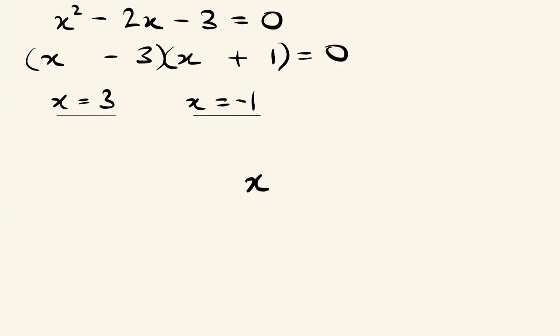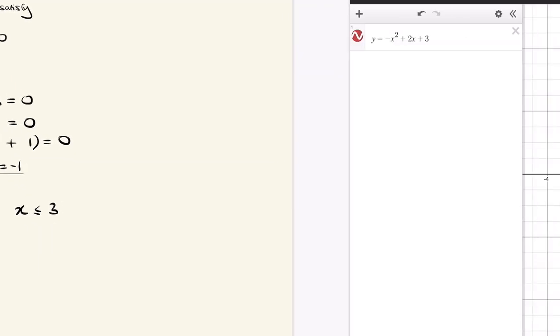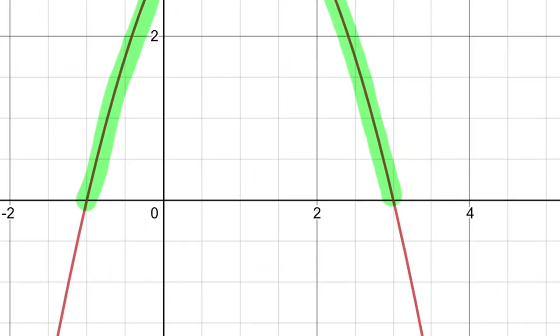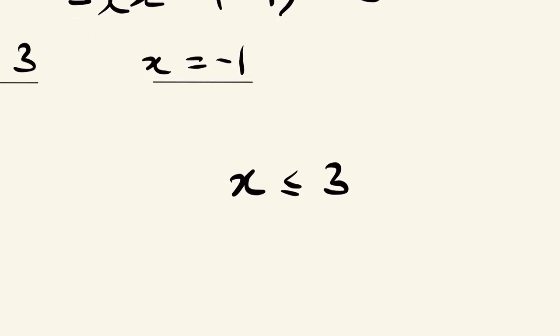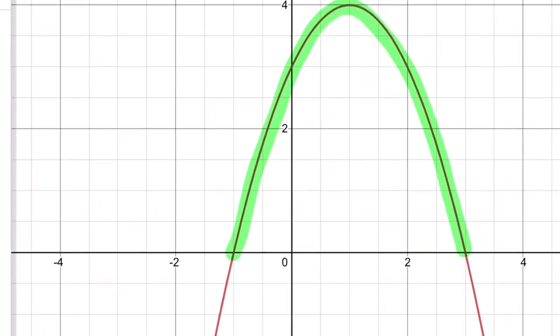We'd put our x in the middle and we'd say where x is less than or equal to 3, because that's where the positive part of the graph is. Or, if we're reading out from the centre, greater than or equal to minus 1. And we can see that that's the case on the graph again.